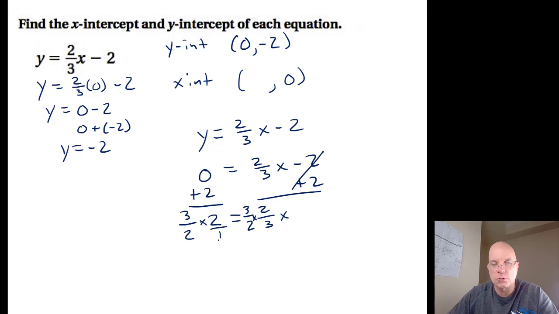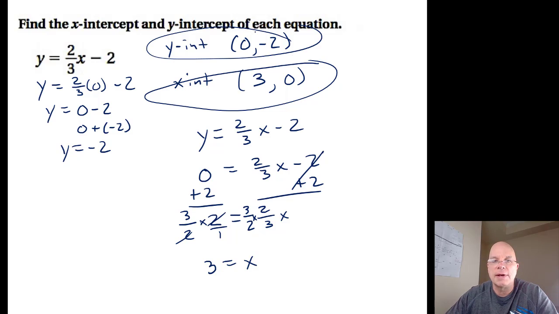If it helps you to see that as 2/1, you can do that. These 2's will cancel. I get 3/1, which is just 3. 3/2 times 2/3 is 6/6, which is 1 whole, which is why we did it, because 1x is x. And so when y is 0, x is positive 3. And I've got my x and y intercept for this equation. Try the next 4 on your own, and then watch the video to see how you did.